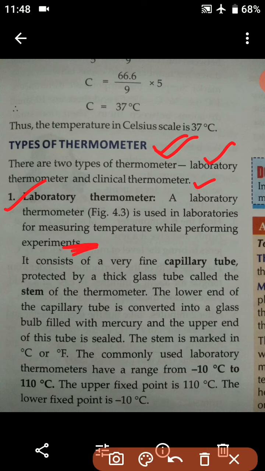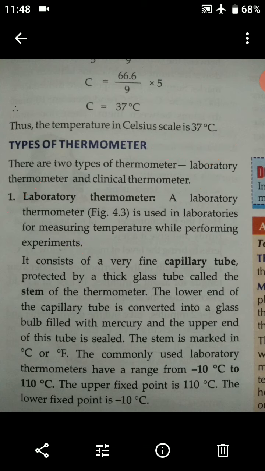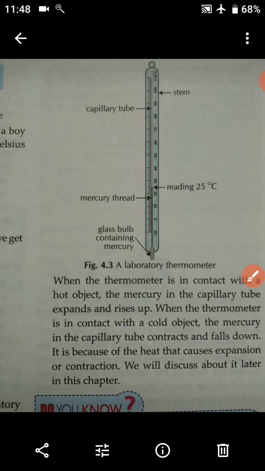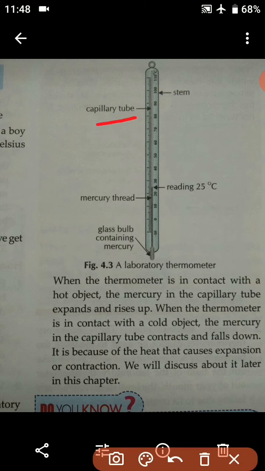Okay. So it consists of a very fine capillary tube protected by a thick glass tube called the stem of the thermometer. So I want to show you the stem, that is this one. Okay, this one is the stem and this one is a capillary tube.